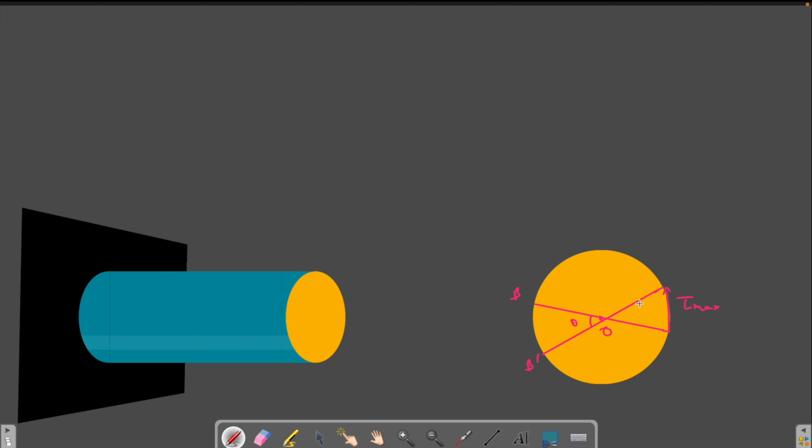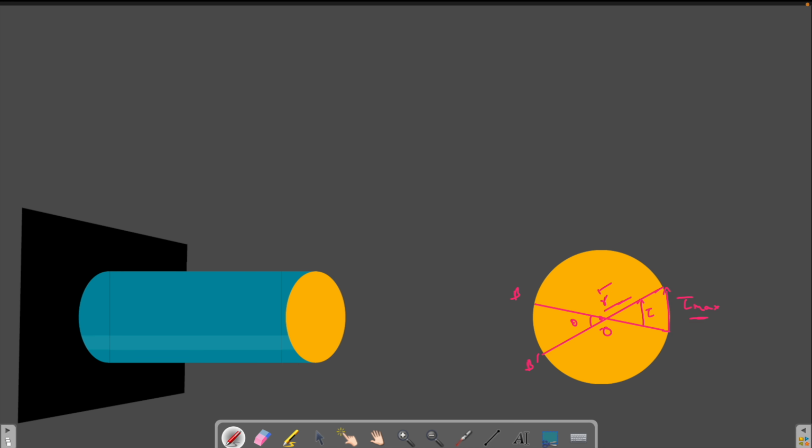So it is a linear function of the radius of the shaft, right? Let me call this as tau, and this is tau max. That means the shear stress is maximum at the outer periphery and it is zero at the center of the shaft. Let this distance be small r and the radius of the shaft be capital R.